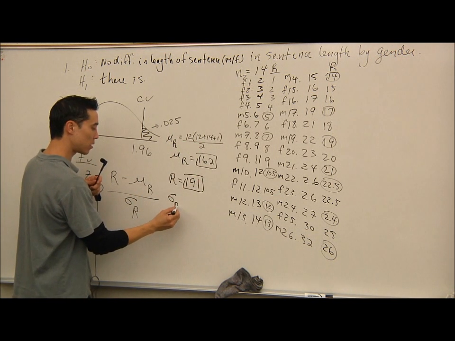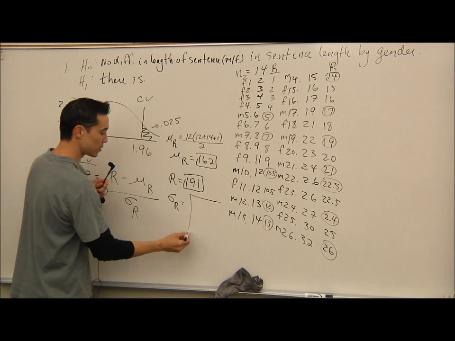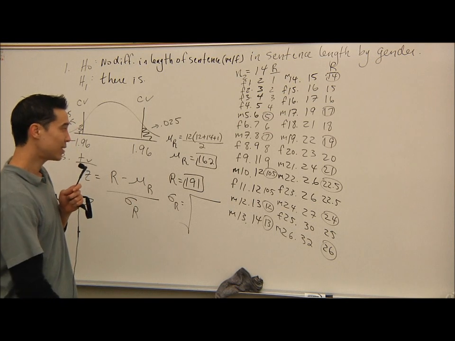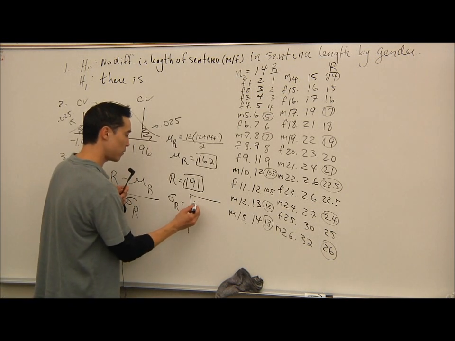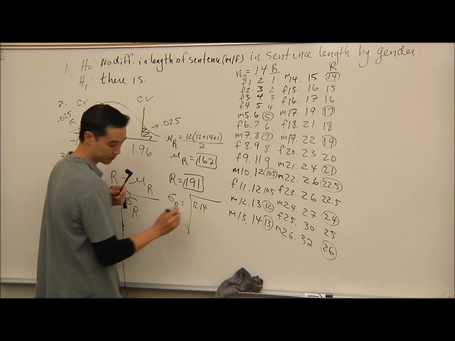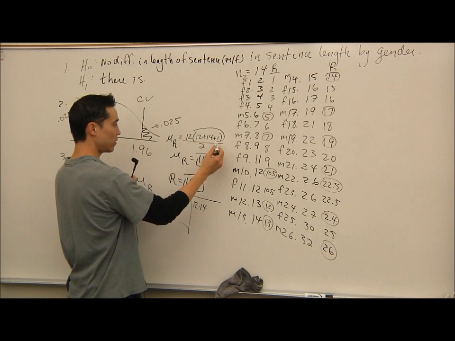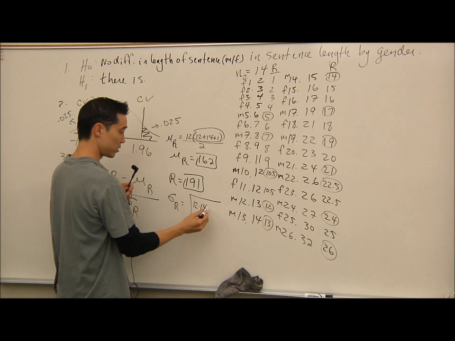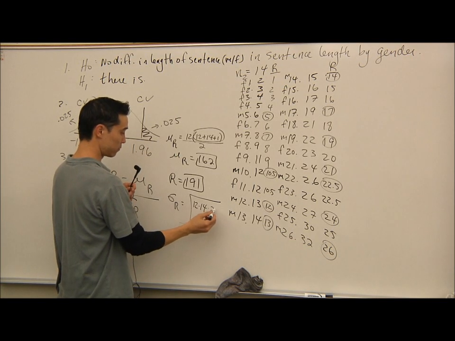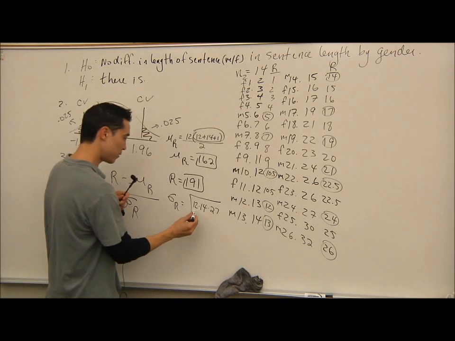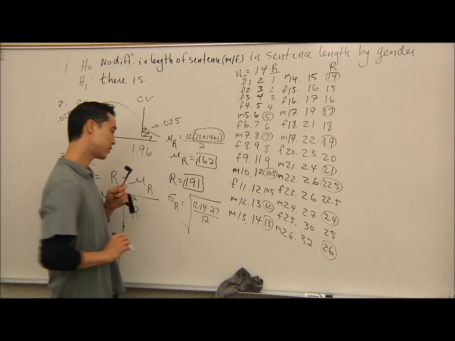Now let's do sigma sub R. That one's a little bit more complicated. It's a big square root. The top is N1 times N2. So I have 12 times 14. Then times this same guy right here, which we've already looked at: 12 plus 14 plus 1, which is 27. So you have 12 times 14 times 27, all divided by 12, all underneath square roots.